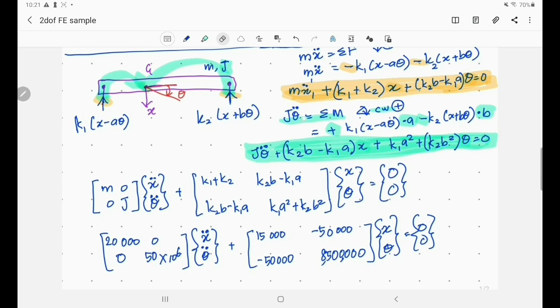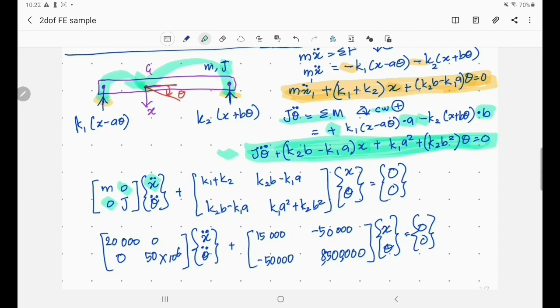You only have m in the first equation and J in the second equation. In the first equation you do not have theta double dot, that's why here is 0. Same as the second equation, you don't have anything related to x double dot, that's why it's 0.